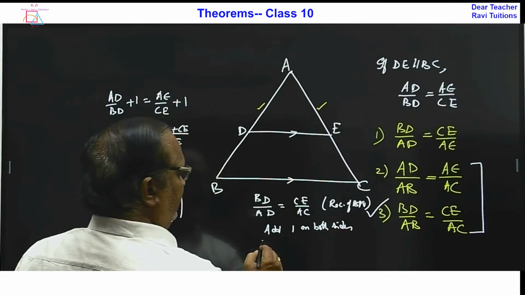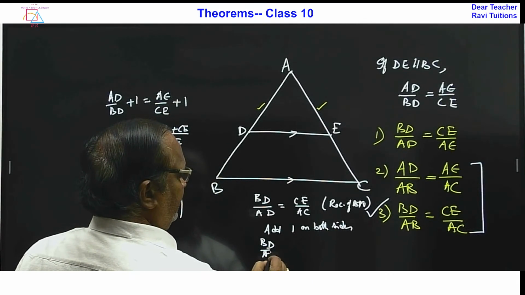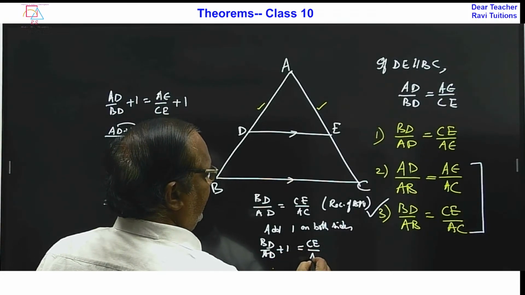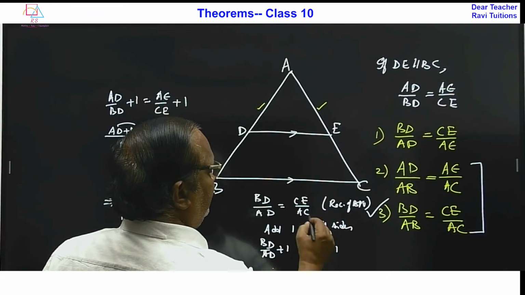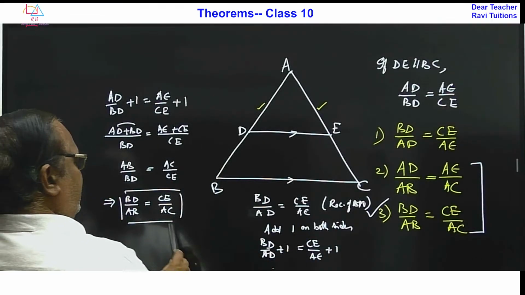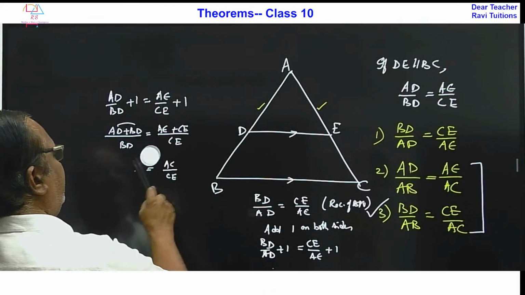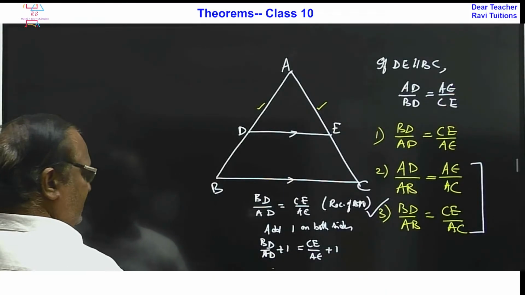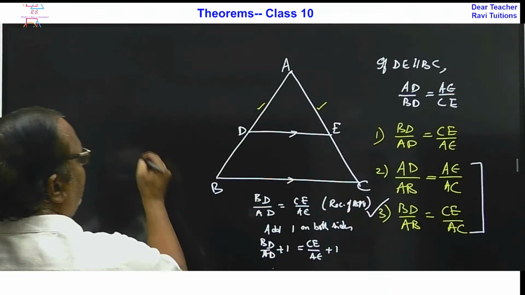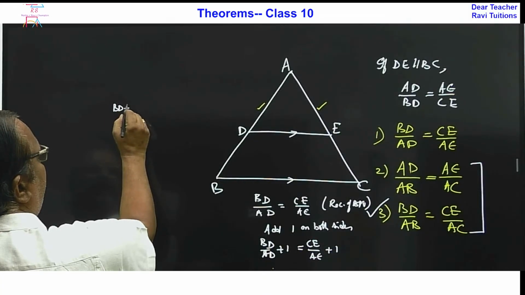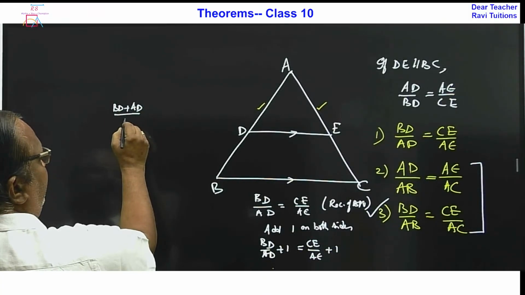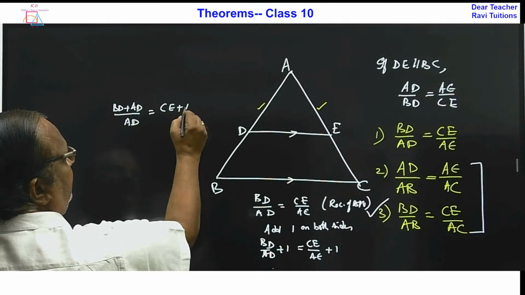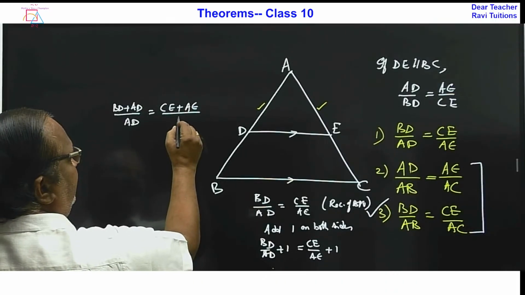BD by AD plus 1 is equal to CE by AE plus 1. If you are taking further steps, that means take the LCM. Then BD plus AD by AD is equal to CE plus AE by AE.